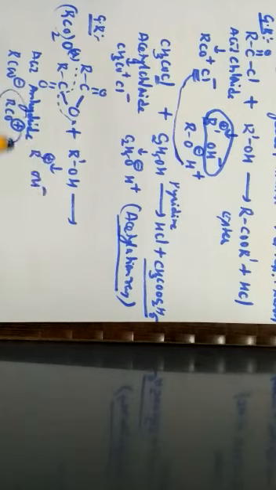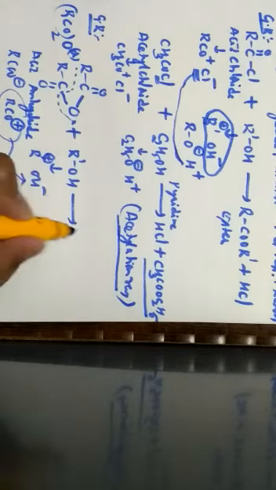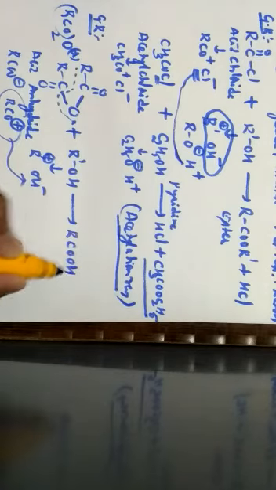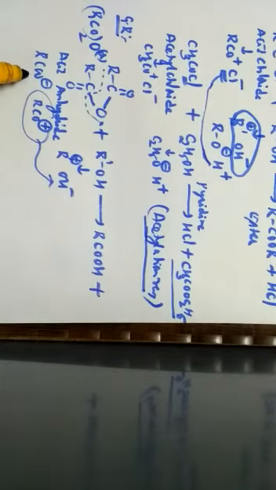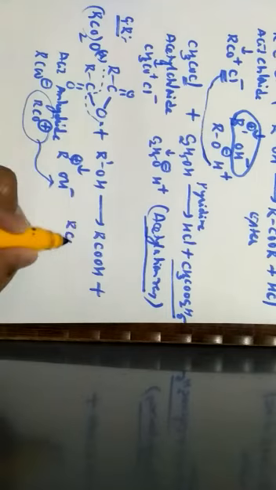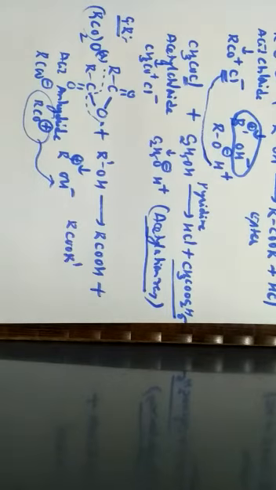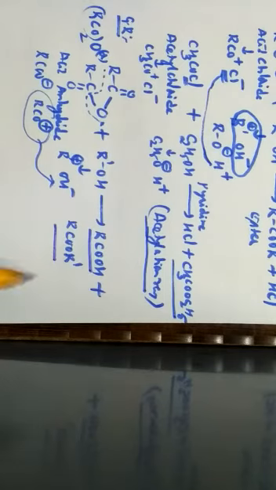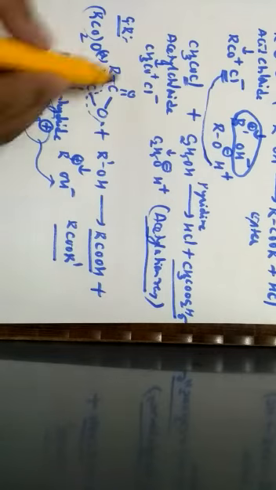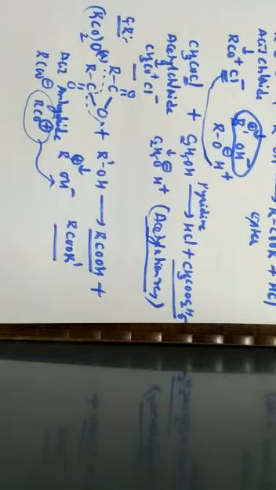So this RCO plus can take away what? OH minus, so that it can readily give RCOOH, which is a carboxylic acid, and this RCOO minus can take away R' plus, which can readily form RCOOR', so that it has given rise to a carboxylic acid along with an ester. So such types of products are formed when an anhydride is involved in a chemical reaction.